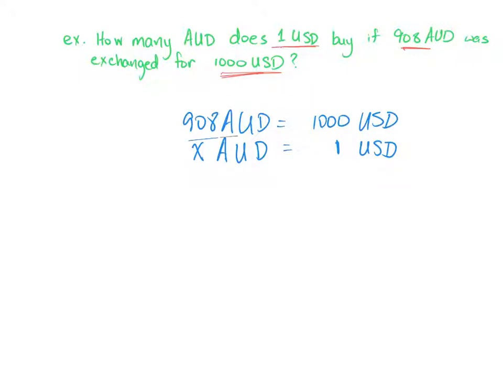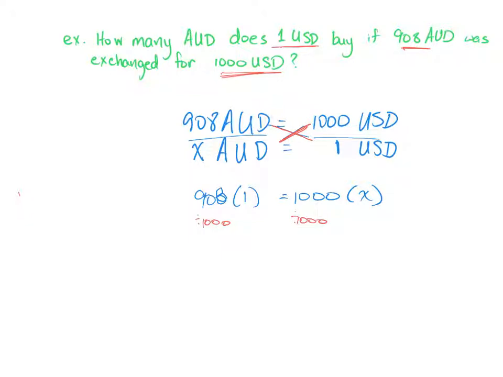All right, so here we have that. And we get, when we multiply that by that, 908 times 1, that's 908. And when we multiply that by that, we get 1,000 times X. Now we want to isolate the X, so we can go ahead and divide by 1,000 on both sides.